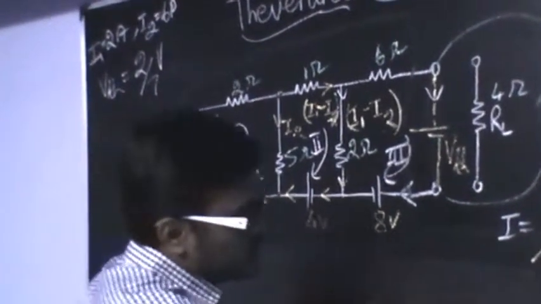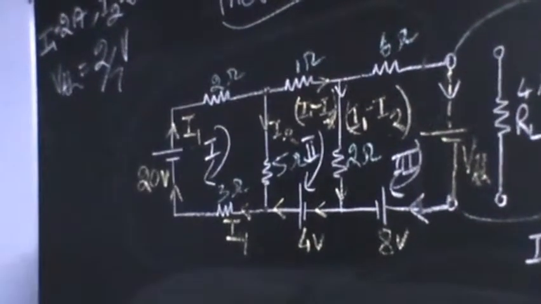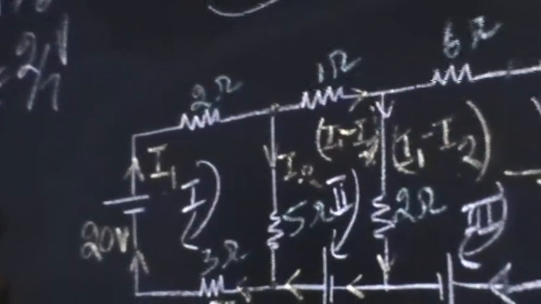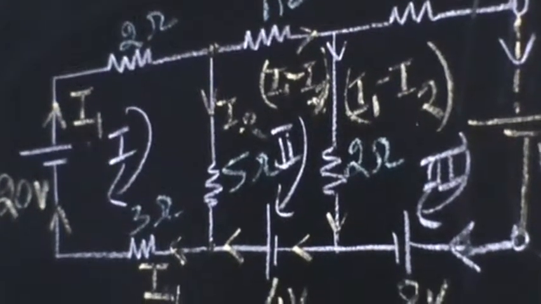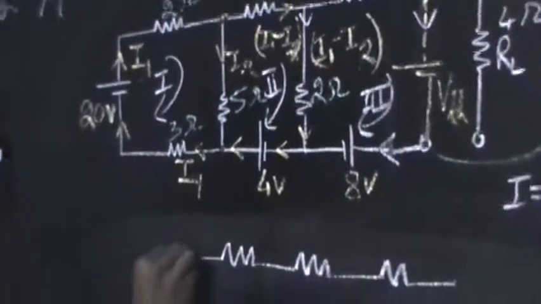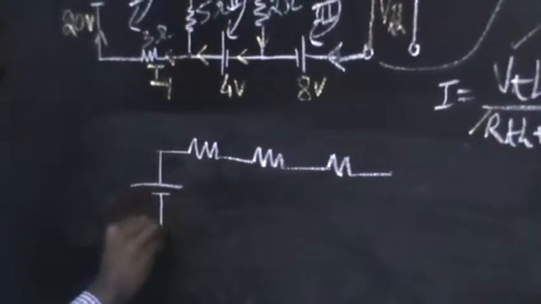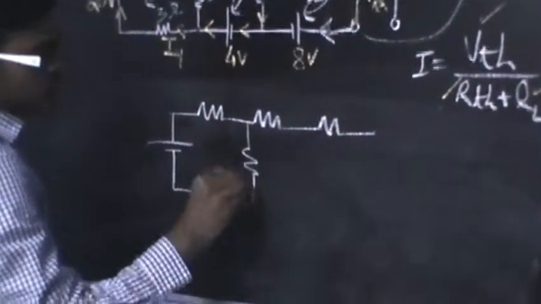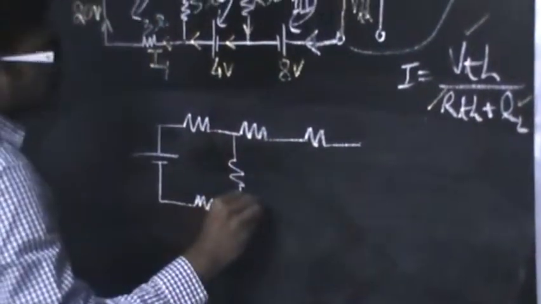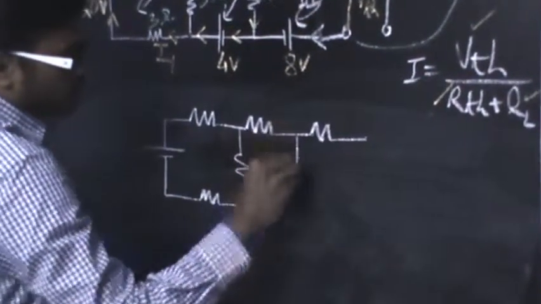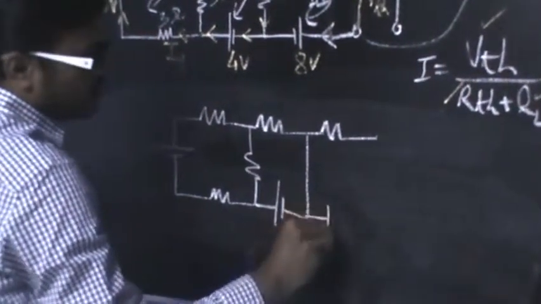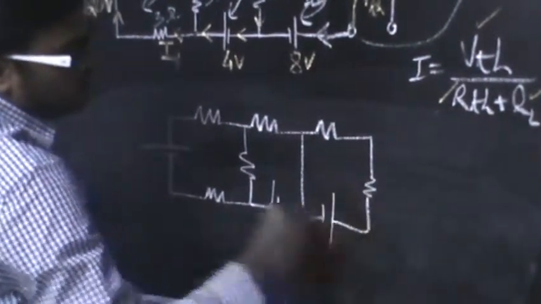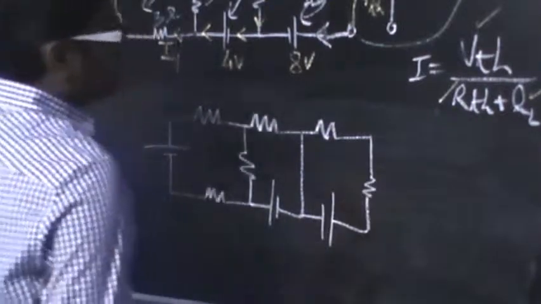So what I have to do is, let me take this circuit. What I am going to do is reduce this circuit using some circuit reduction method, so that easily I can reduce the circuit and find the Thevenin's resistance.